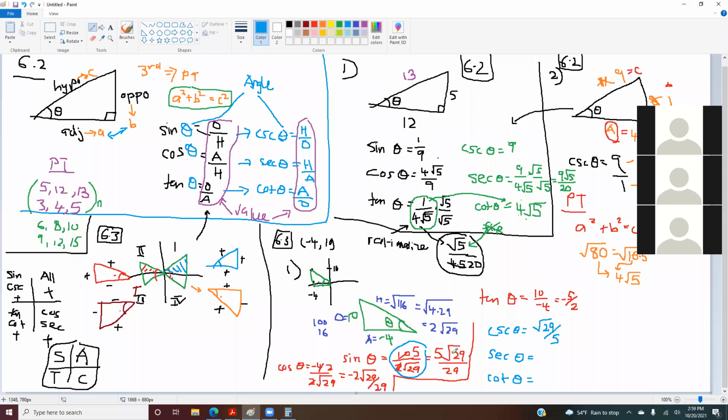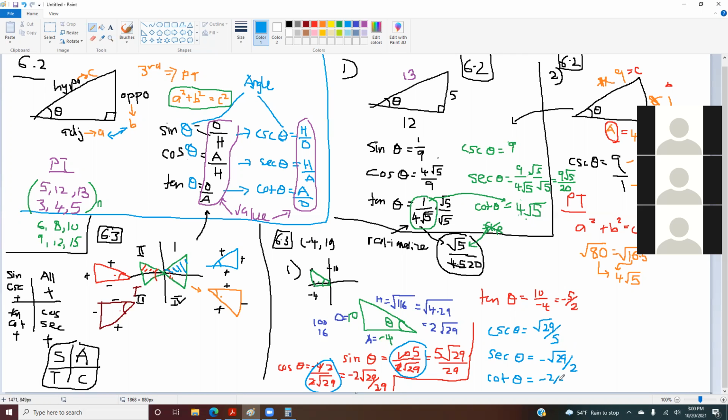So reduce it, take this and flip it. So it should be negative what? Root 29 over 2. Because you got 2 and 4, right? The 2 and 4 can be reduced to become 1/2. Yeah. And cotangent theta, Ethan, are you there? This should be easy. Ethan?